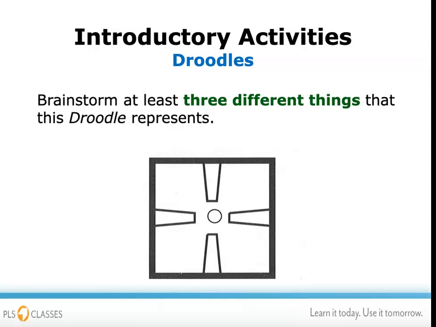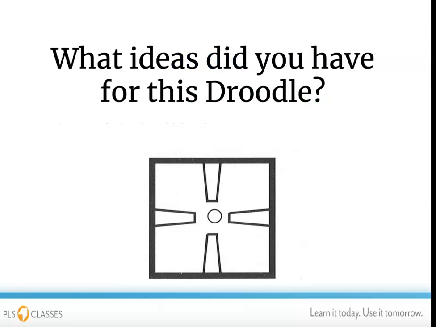Please take a look at page 77 and brainstorm at least 3 different things that the droodle on this page could be. What ideas did you have for this droodle? Did you think it was 4 pool cues and a cue ball on a pool table? 4 elephant trunks waiting for dinner or taking a drink?